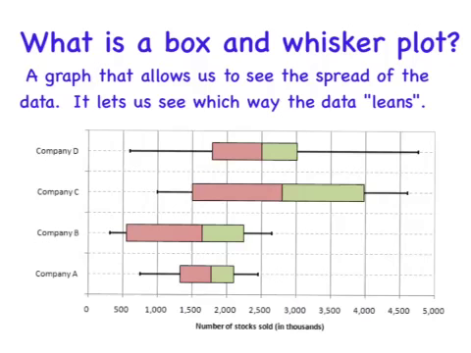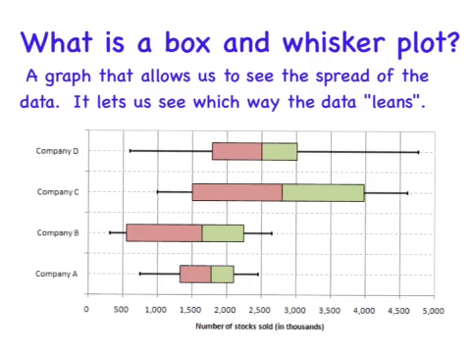A box and whisker plot is a graph that allows us to see the spread of the data. It lets us see which way the data tends to lean. Now, if you look at these different companies, you can see that some are more spread out than others. So what they did was they gathered the number of stocks sold in the thousands and they based them on each company. So now you can see that company D is really spread out.